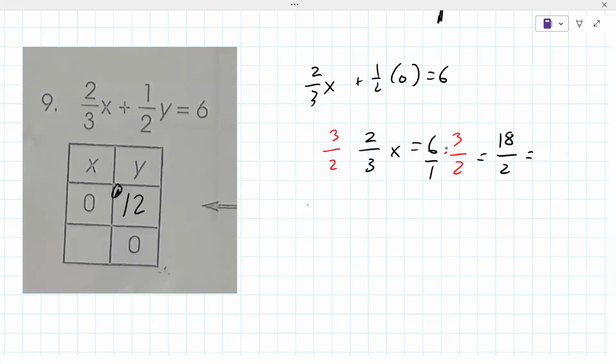What does that reduce to? It'd be 8/1. Try again.